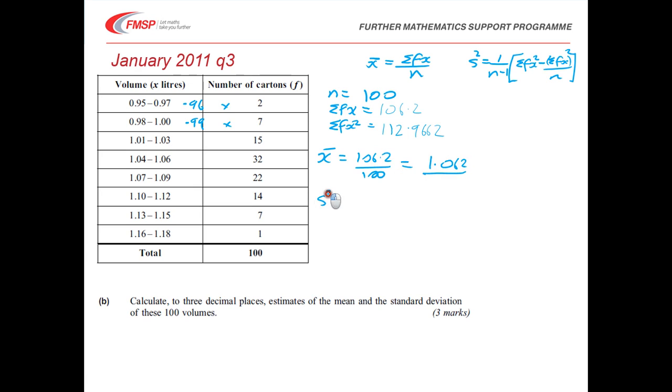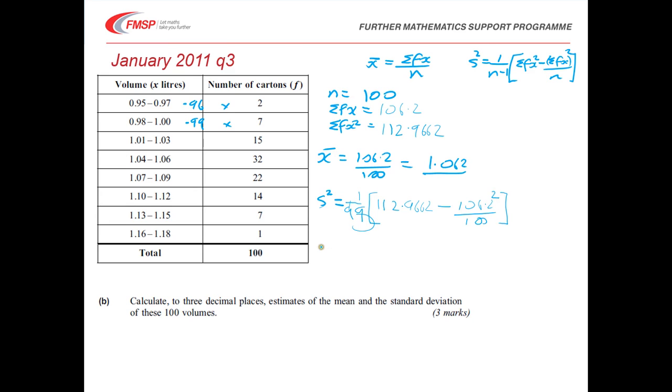And s squared, and don't forget we'll need to square root this at some point, is going to be 1 over 99 times the sum of fx squared, 112.9662, minus the sum of x, 106.2 squared, over 100.